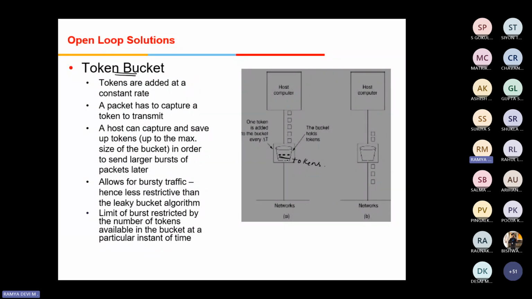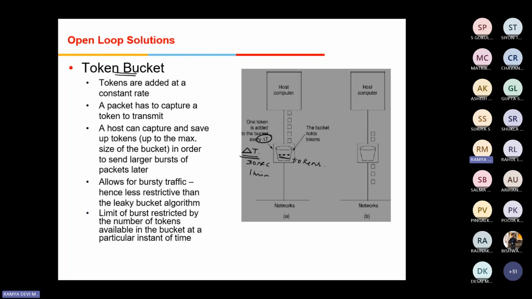One token will be added at a regular interval. If I take del t as the regular interval, then every 30 seconds or every 1 minute, a token will be added into the bucket. In order to send a packet, if I want to send one packet, a token will be captured and the packet will be sent.